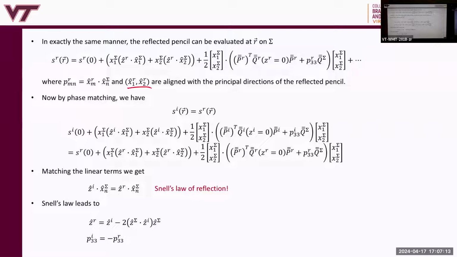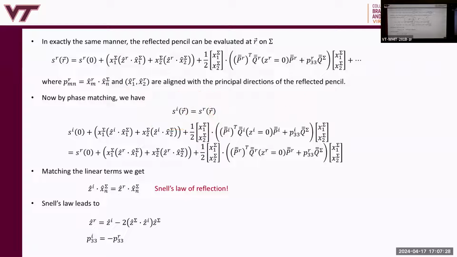All right, now we can do phase matching, because what was our boundary condition? S incident equal to S reflected at all points R on sigma. The R's here, this R and this R, have to be on sigma.